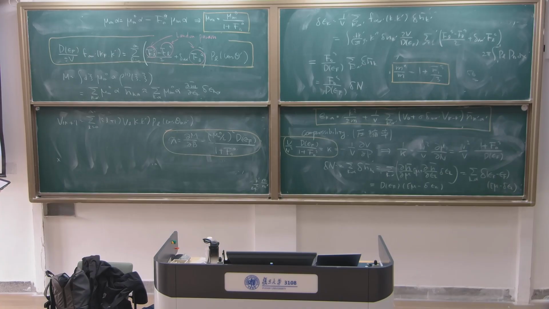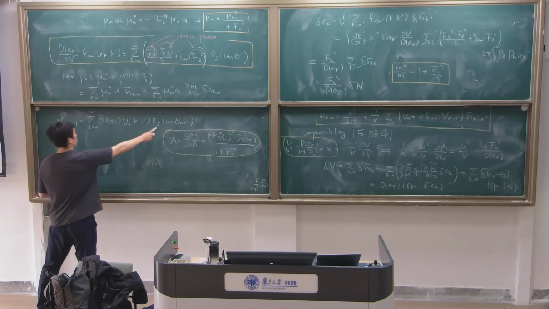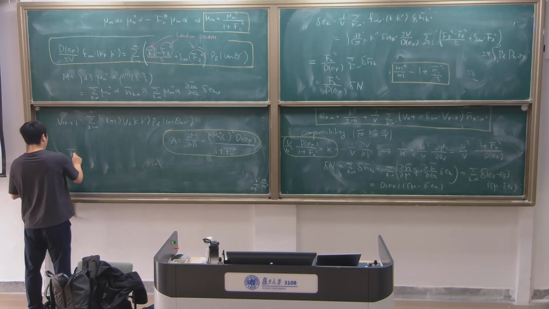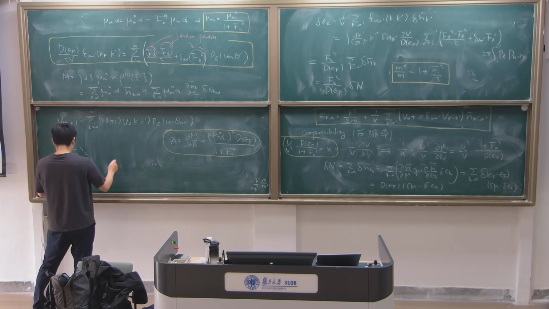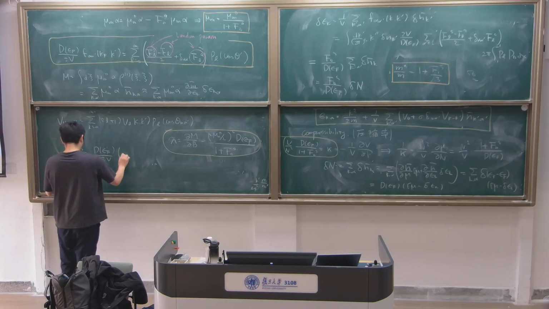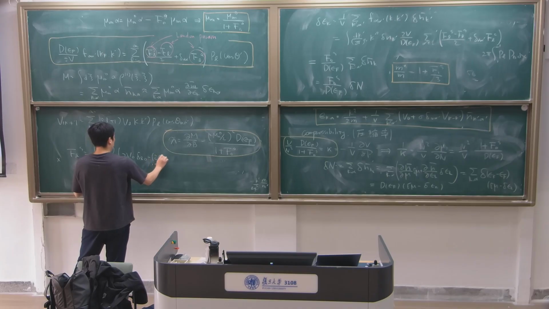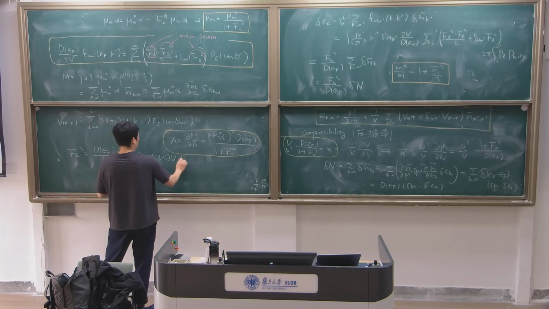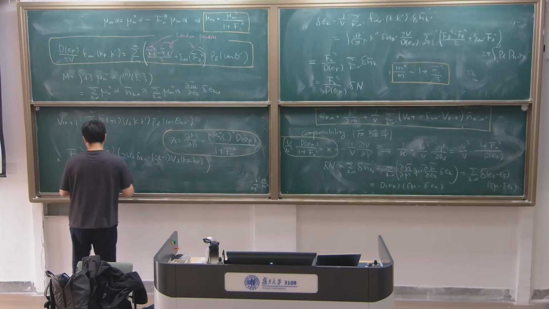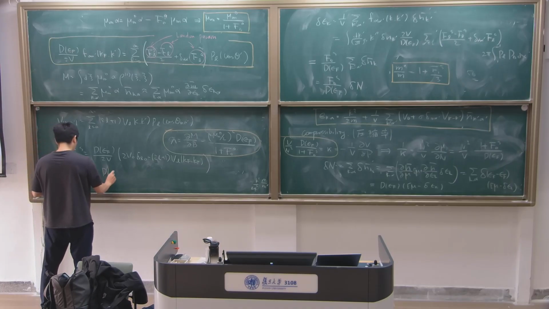So if you write down this in terms of this Legendre polynomial, F L is given by this function, and then F L N also can be written like this way.